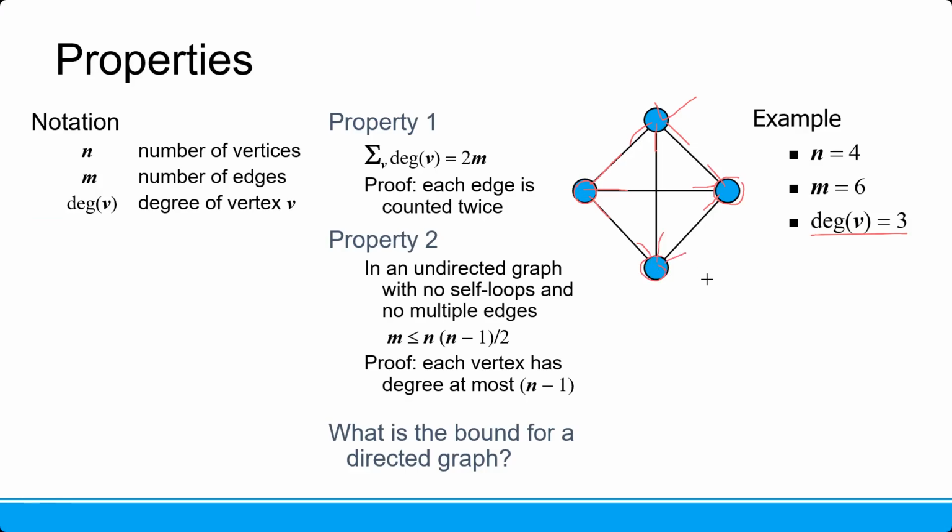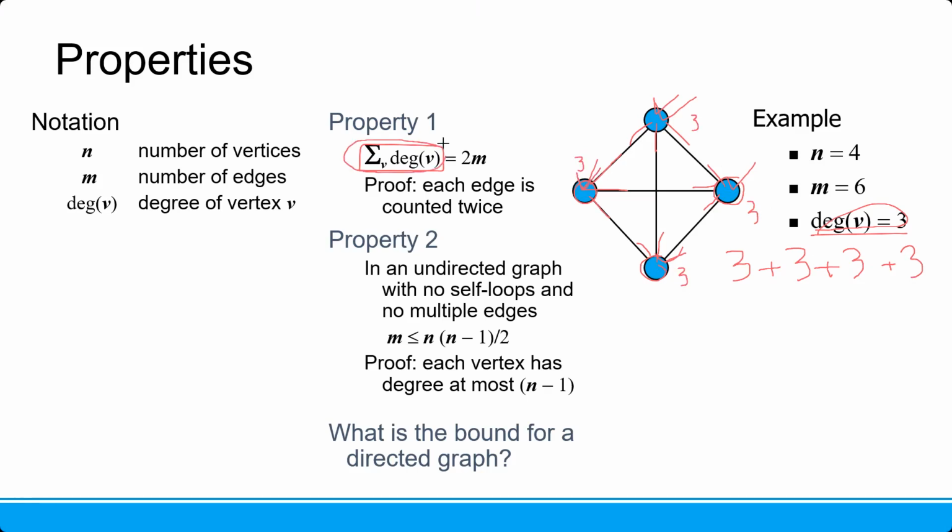Okay. The summation of the degrees of V, it means if we have 1, 2, 3, 4, we will have 3 plus 3 plus 3 plus 3. 3 in this vertex, 3 in this vertex, 3 in this vertex, 3 in this vertex.